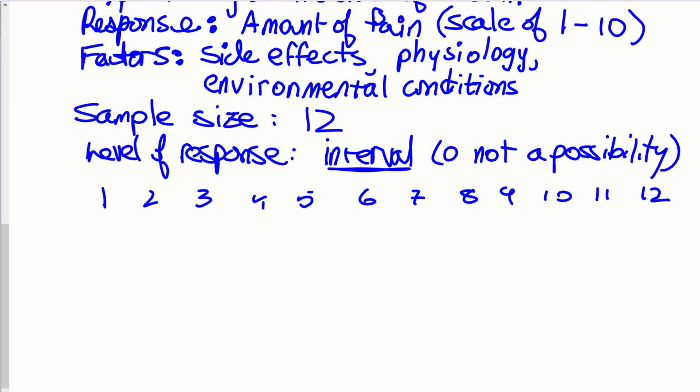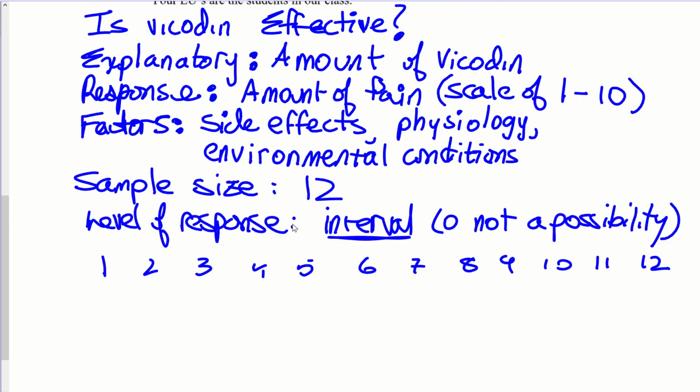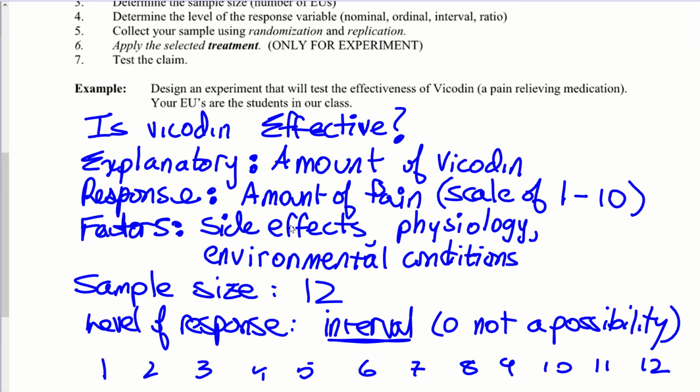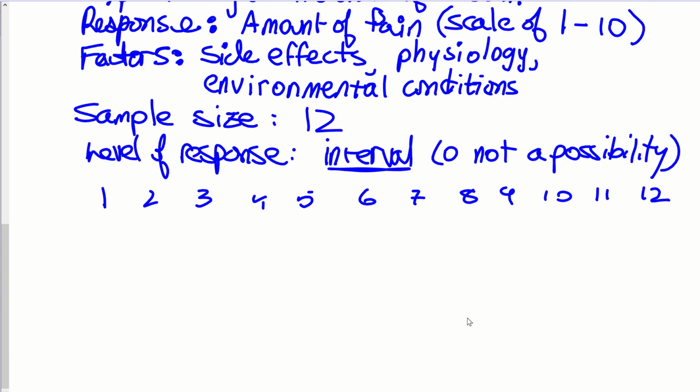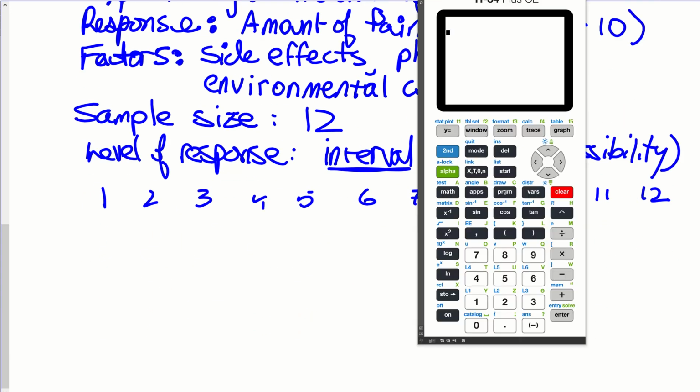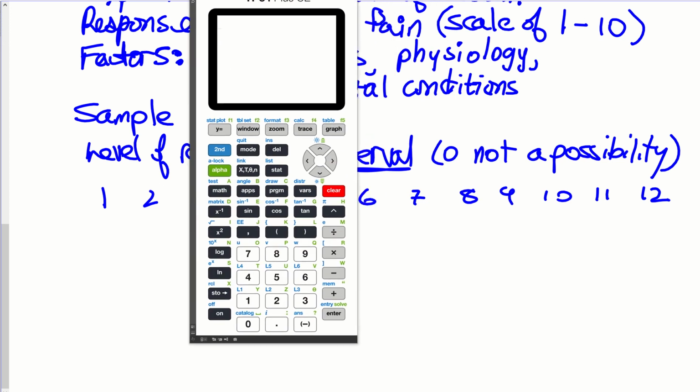Now, if you want to go old school, and this is really old school, you actually flip a coin. Person number 1, heads, control, tails, experimental. Okay, you're in control. But we have technology that we could use, so that's what we'll do.